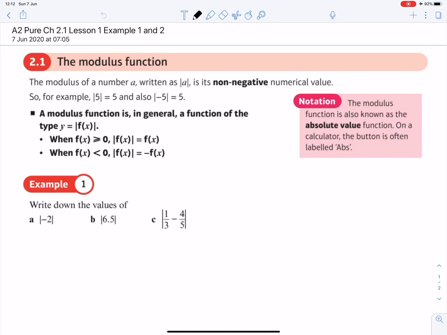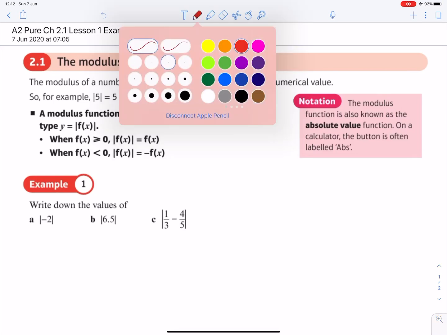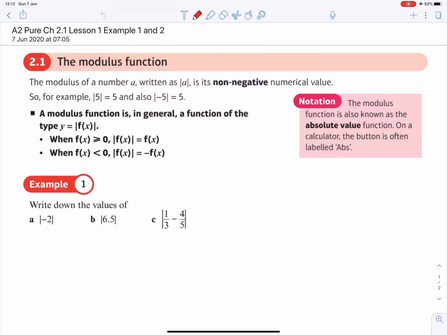So in effect, the positive value. The magnitude or the modulus. We could think of this as the magnitude. Or another phrase they use is the absolute value.